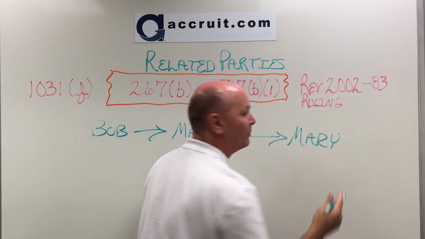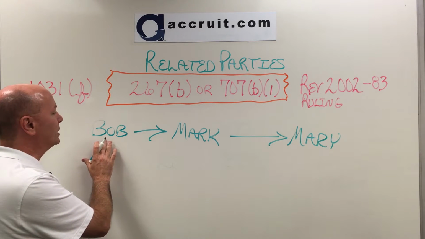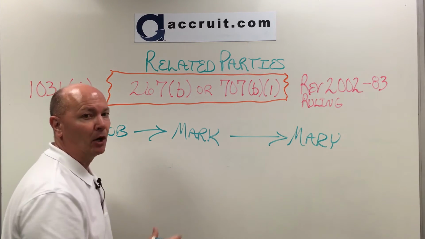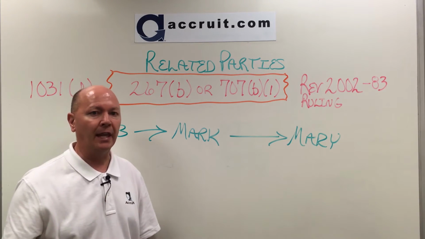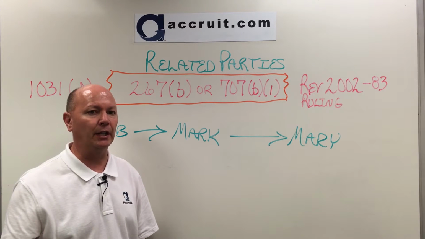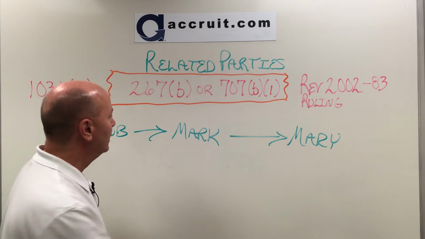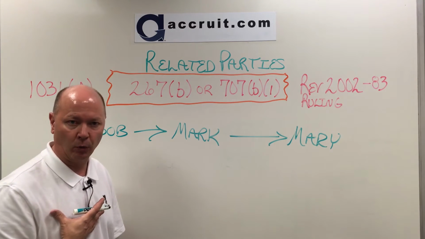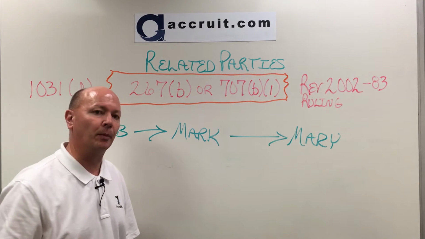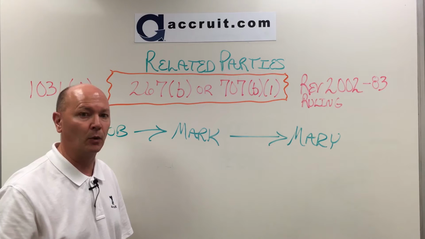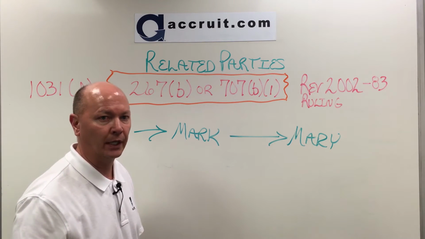So let's play with the facts a little bit here. If it's a forward 1031 exchange, Bob selling to Mark, and let's say Mark is Bob's son, then that is a perfectly good 1031 exchange. There isn't even a 2-year holding period on that transaction. The proceeds can then be put with a qualified intermediary and then ultimately used to buy the replacement property from a non-related third party, Mary. So that is a good 1031 exchange.